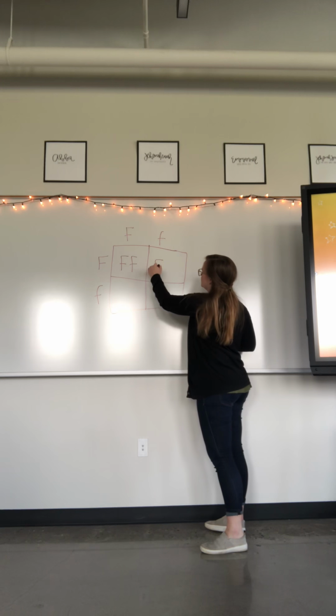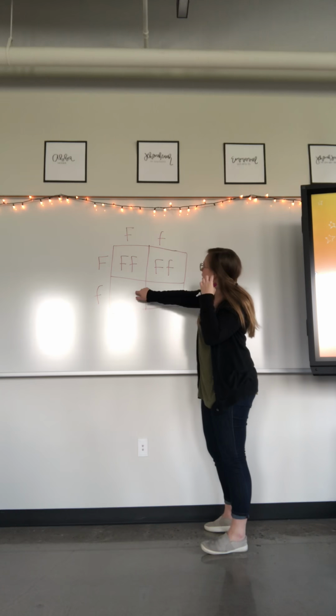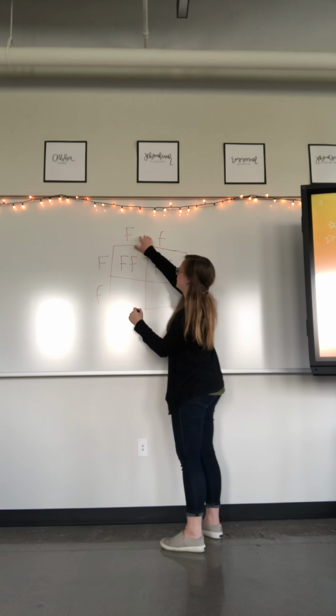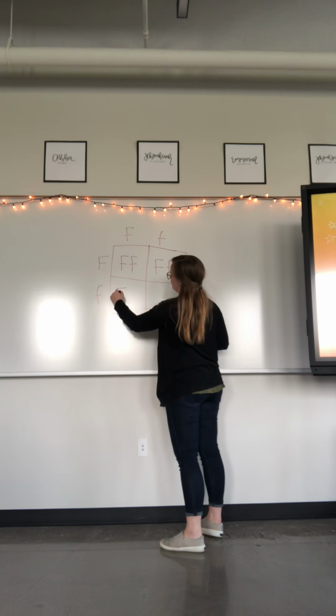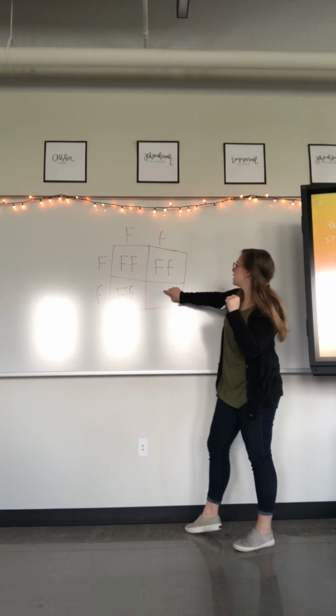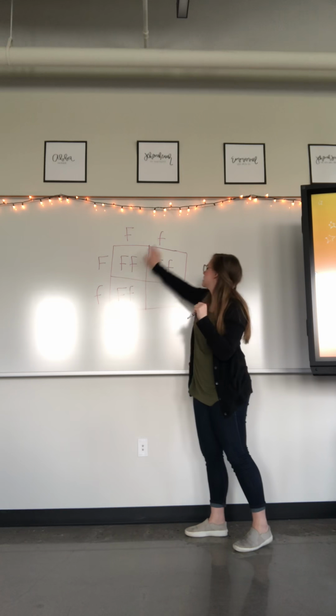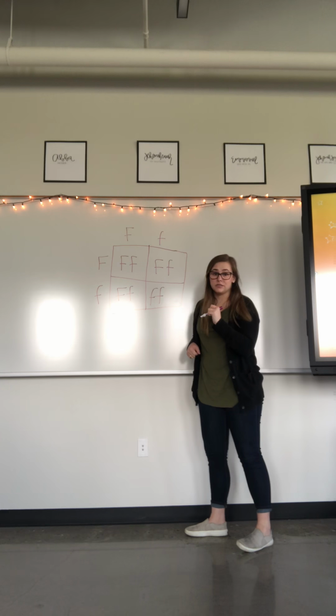So that is going to be capital lowercase, so heterozygous. Then here, same thing, I'm going to have a capital from up here and a lowercase from here, which is going to give me a heterozygous. And then here, I'm going to have a lowercase and a lowercase, which is going to give me homozygous recessive.